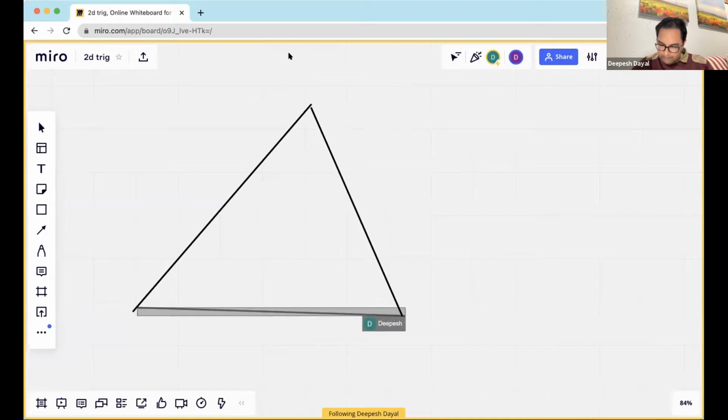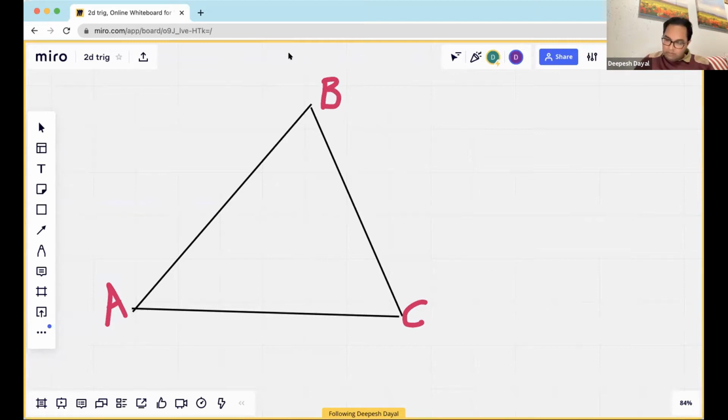Okay, so we've got a triangle here, and it's got sides A, B, and C, right? So let's label them. A, B, and C. Opposite A, we get a small a.